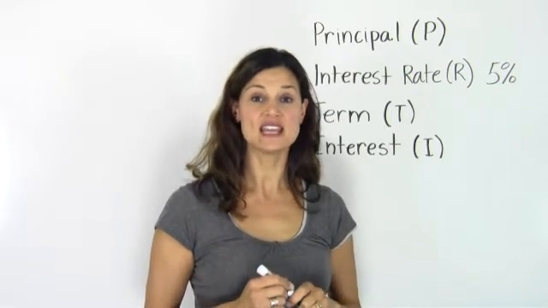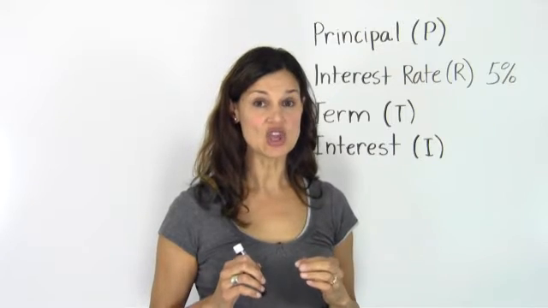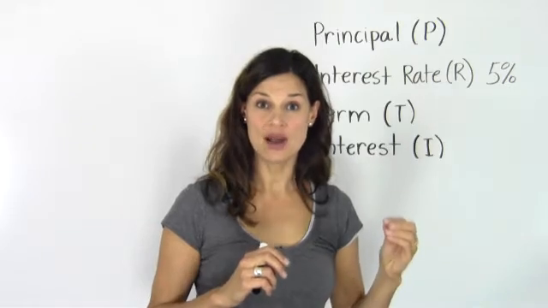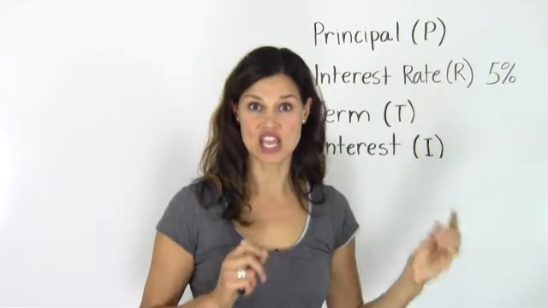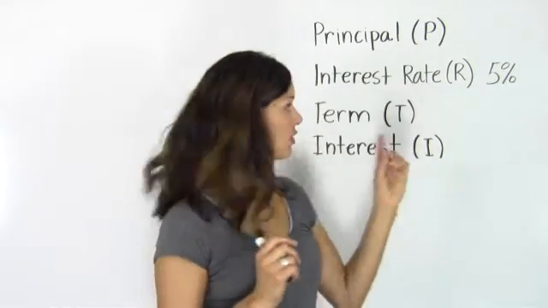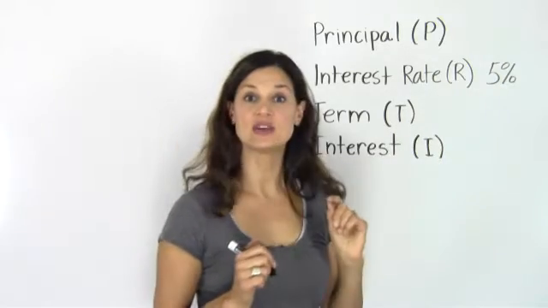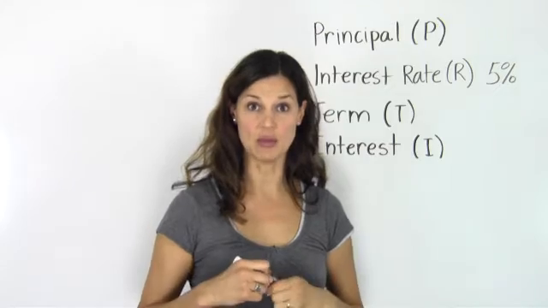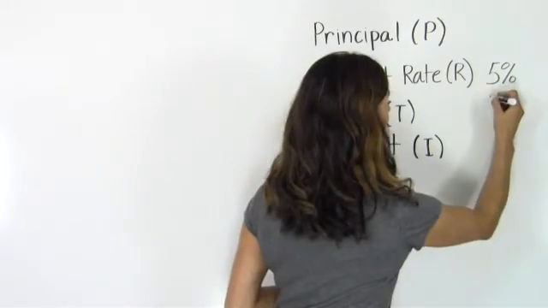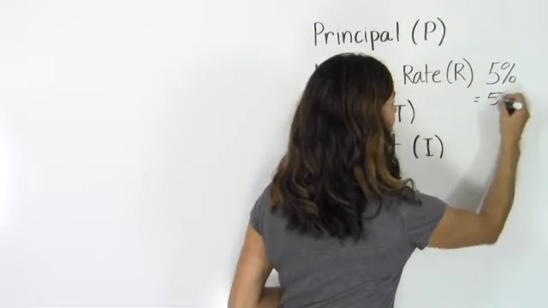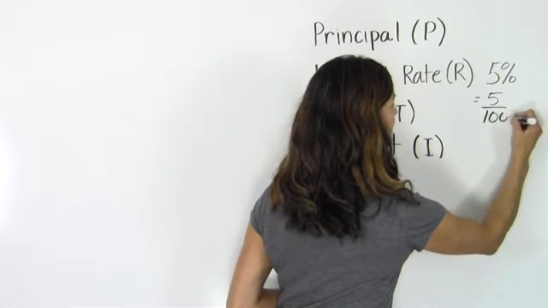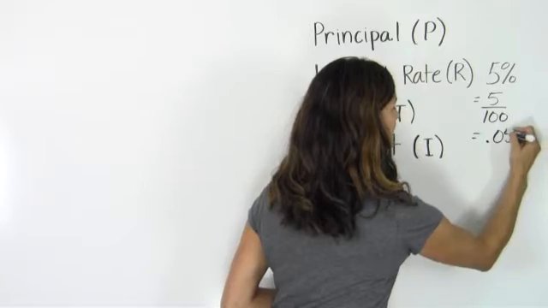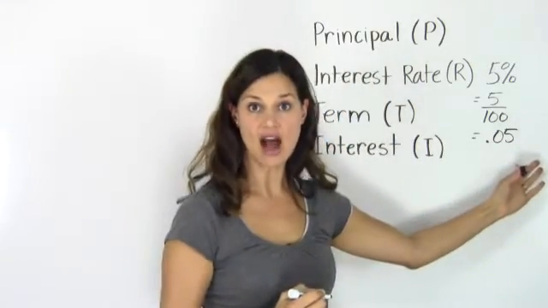And a 5% interest rate means that you would pay $5 on a loan of $100 in a year. And although the interest rate is given as a percent, we need to convert it to a decimal to use in our problems. So 5% is 5 per 100, which we would convert to a decimal of 0.05.